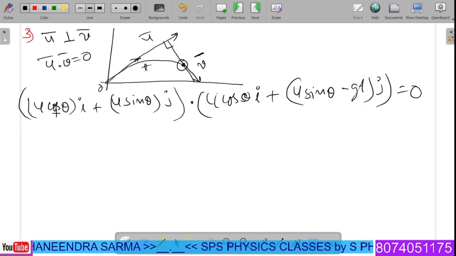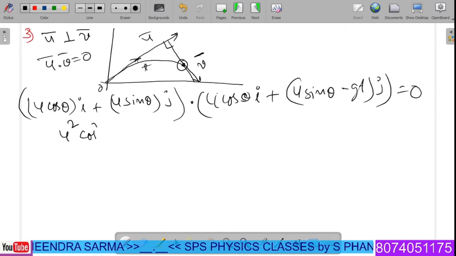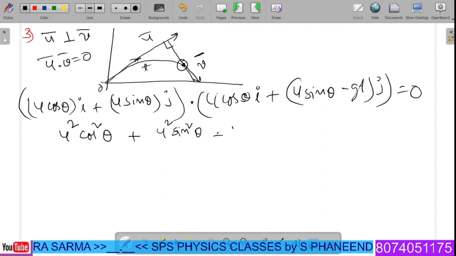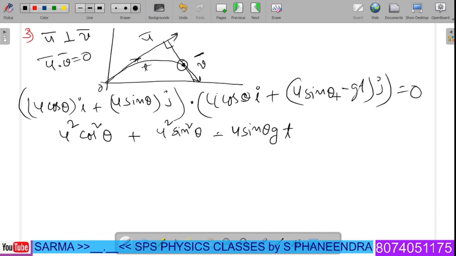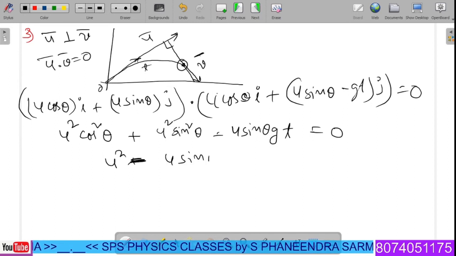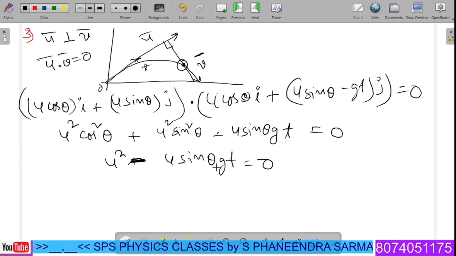Now let us do i dot i, which is 1. Therefore u square cos square theta plus u square sin square theta minus u sin theta into gt is equal to 0. Now u square minus u sin theta into gt is equal to 0, and we need to find the value of t.